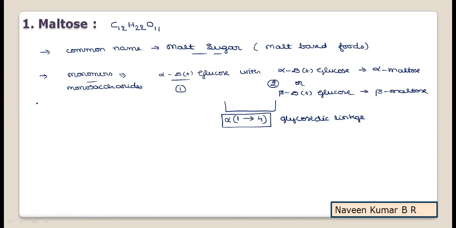Now if you observe the enzymatic reaction, how maltose is cleaved: the biocatalytic enzyme for degrading maltose is maltase. So maltase will cleave maltose into glucose units. It is glucose and glucose. The first one will be alpha, the second one may be alpha or beta. So that will be the enzymatic degradation of maltose.